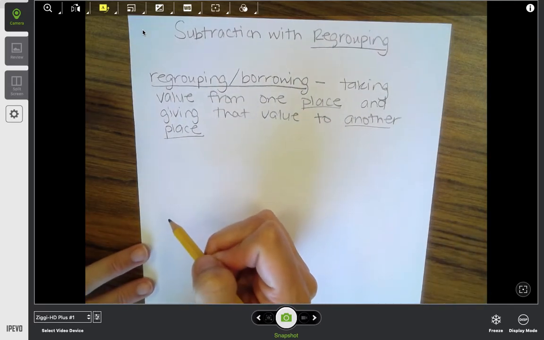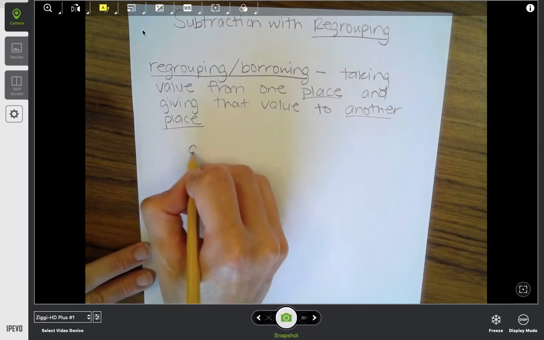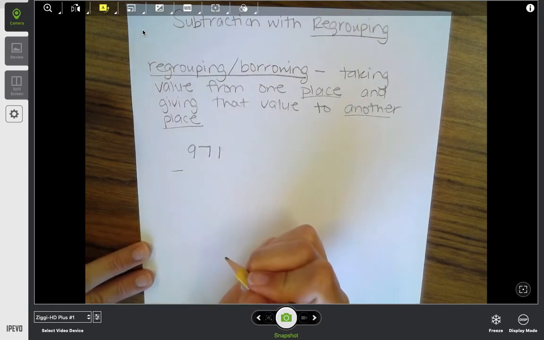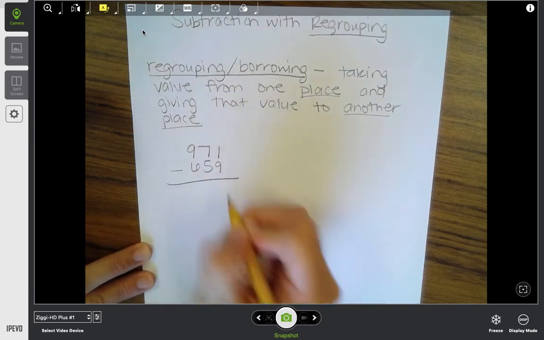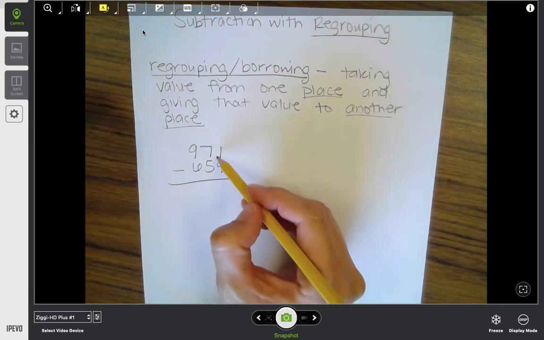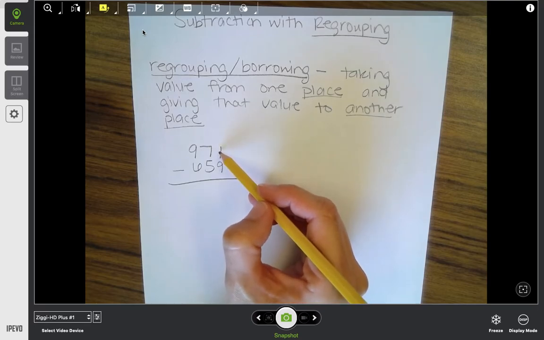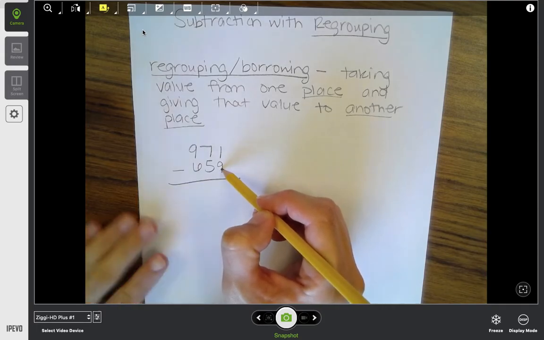Okay, so let's say that we had this problem, 971, and we were trying to subtract from it 659. Well, we can see right off the bat there's a problem because this 1 is smaller than this 9, and this is where borrowing or regrouping comes in handy.